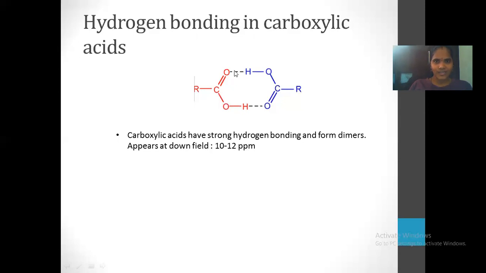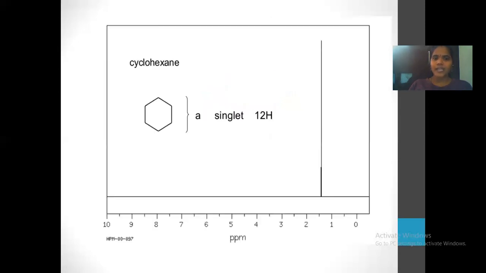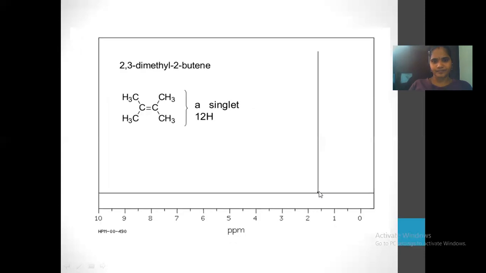Let's see some examples. This is cyclohexane. What we have to consider is how many different types of protons are there, different in the sense of having a different environment. Here in cyclohexane, 12 hydrogens are there and all have the same environment, so we will get only one peak as a singlet.